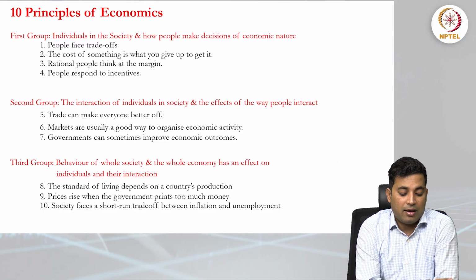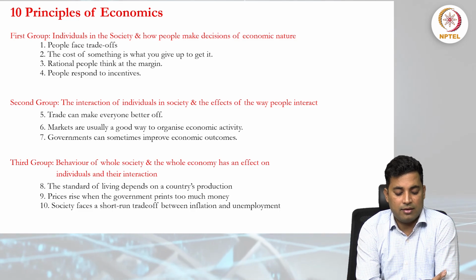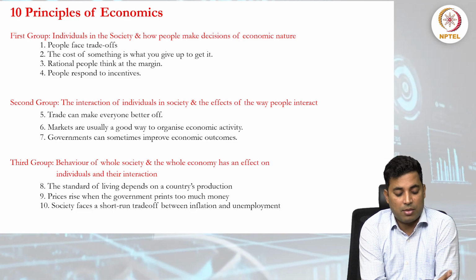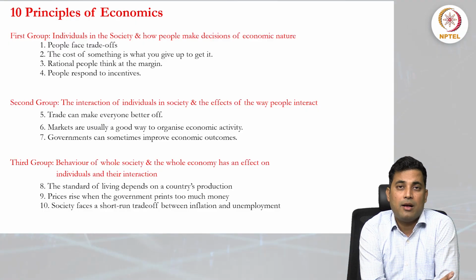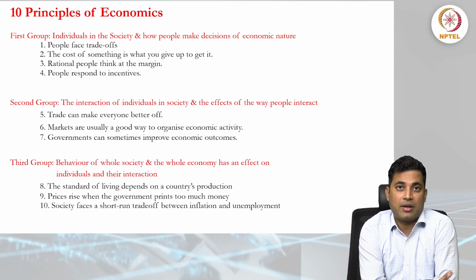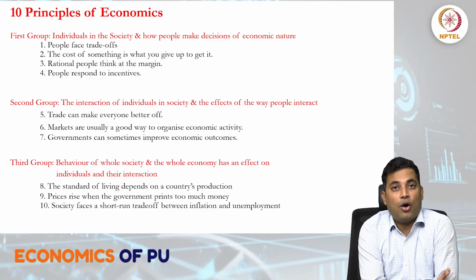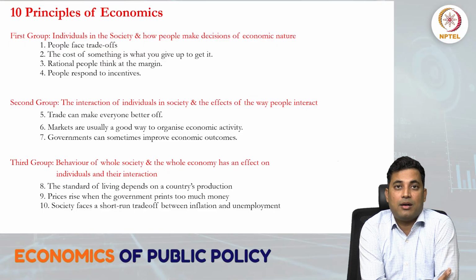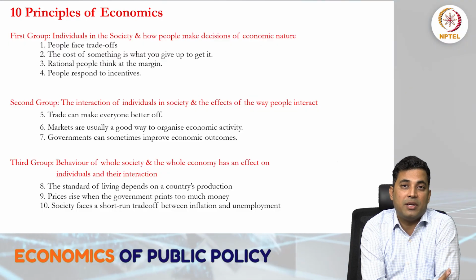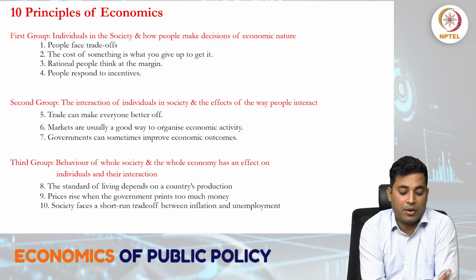So principles 8, 9 and 10, again the 10th principle talks about how society faces a short-run trade-off between inflation and unemployment. In all these three, especially 8, 9, 10, are holistic, macro level principles within these 10 principles of economics.